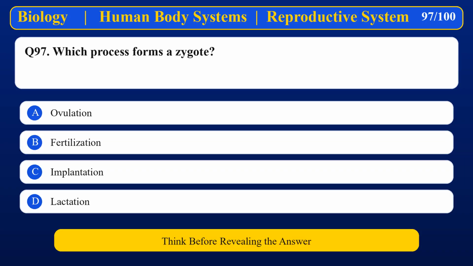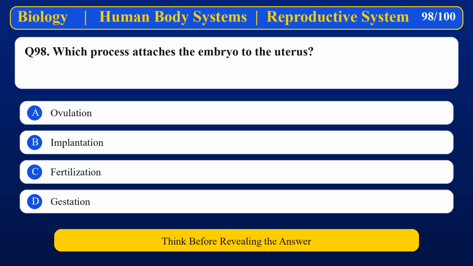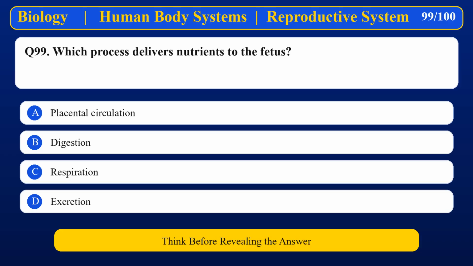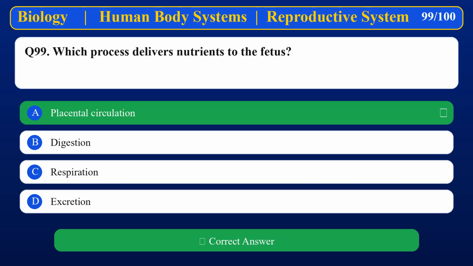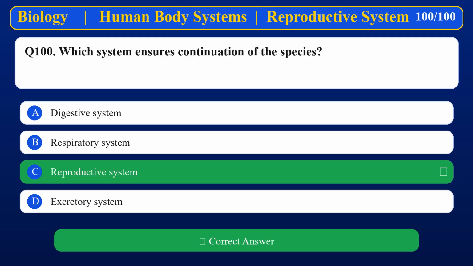Which process forms a zygote? Fertilization. Which process attaches the embryo to the uterus? Implantation. Which process delivers nutrients to the fetus? Placental circulation. Which system ensures continuation of the species? Reproductive system.